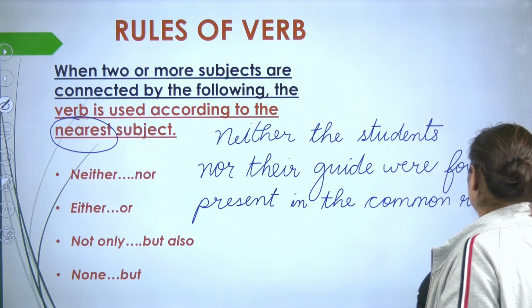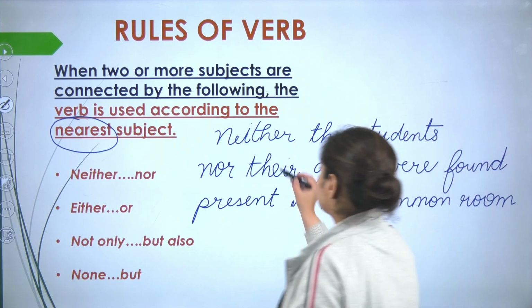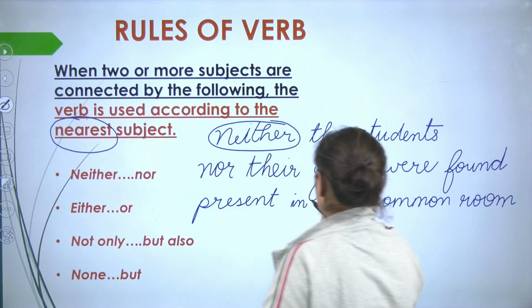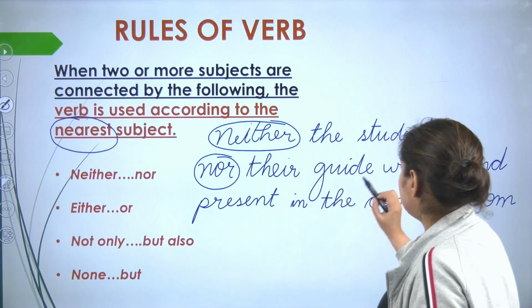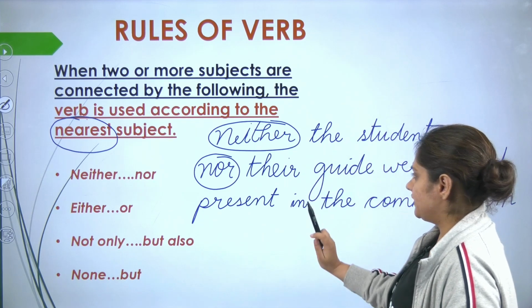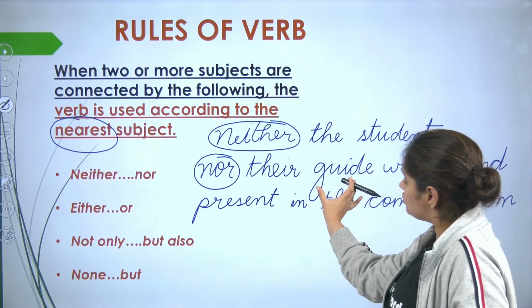Okay, now you know this is one sentence where we are using neither nor. We are using the pair, which is the pair, guys? Obviously correlative conjunction pair, neither, and here we have nor. Two subjects are connected with neither nor, students and guide. But we say the verb will be according to the closest subject.